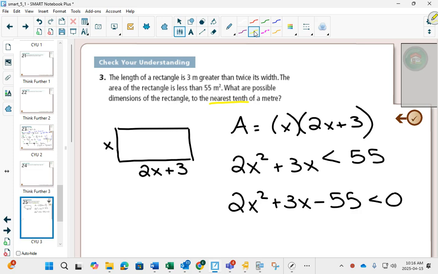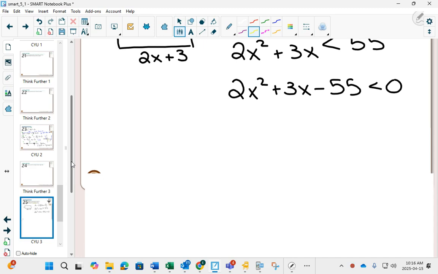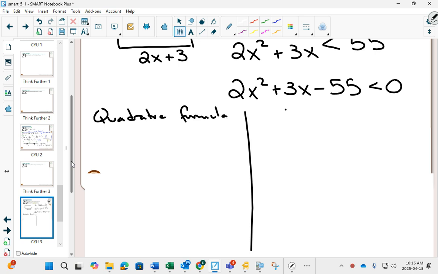If not, you could use the quadratic formula. I'm going to show you both ways, starting with the quadratic formula, and then looking at the graphing calculator.